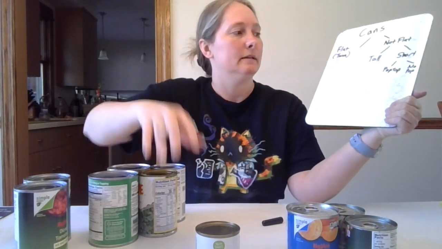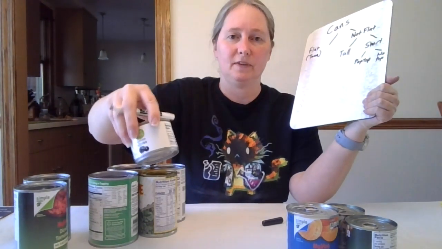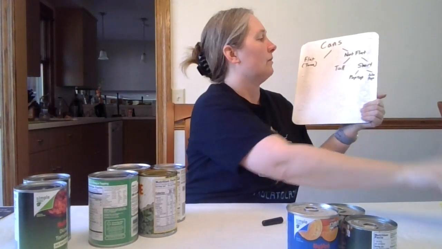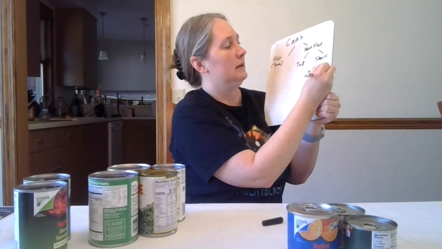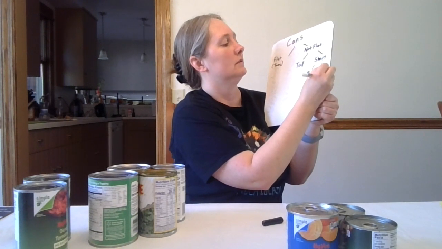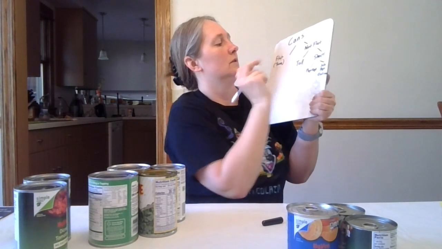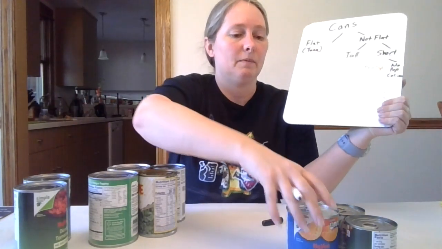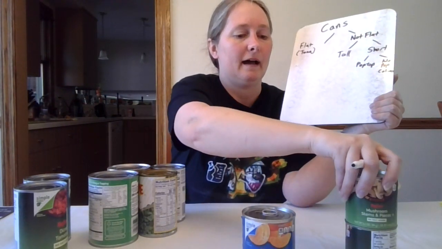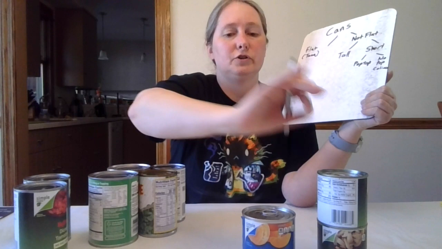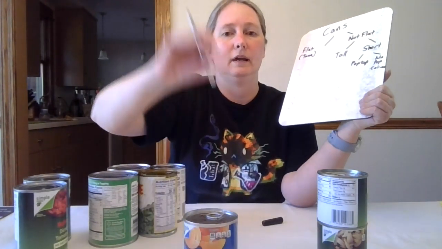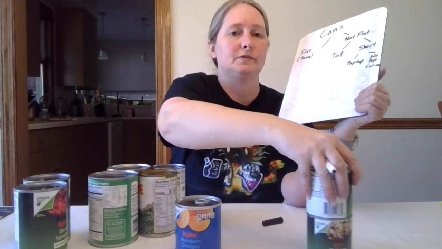Okay. Now, when I get down to a single type of can, then I write down what it is. So that one is olives. Now with these pop tops, I have mushrooms and I have oranges.